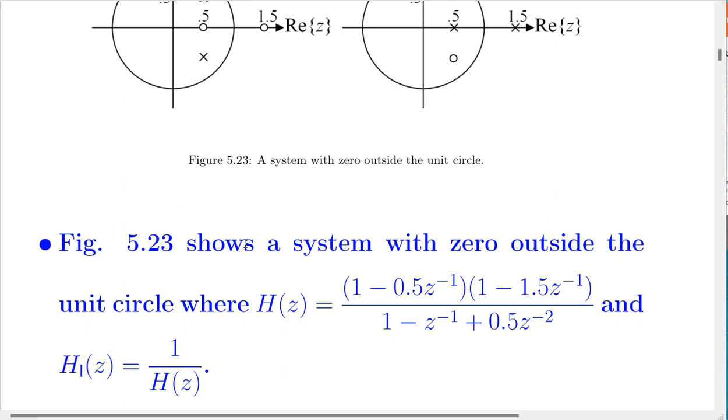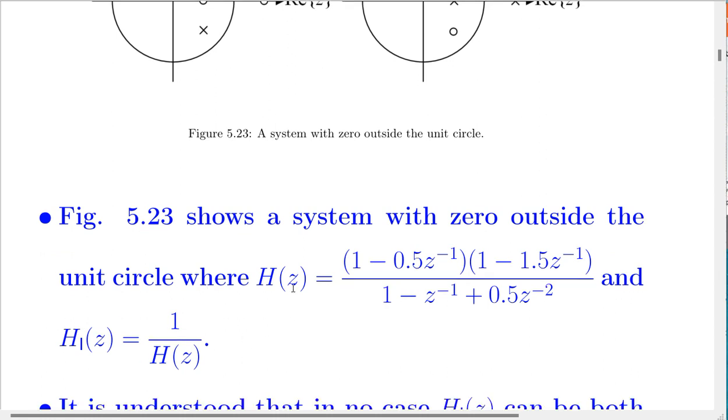The above figure shows a system with a zero outside the unit circle, where h of z is equal to (1 minus 0.5 z^-1) multiplied by (1 minus 1.5 z^-1) over (1 minus z^-1 plus 0.5 z^-2).